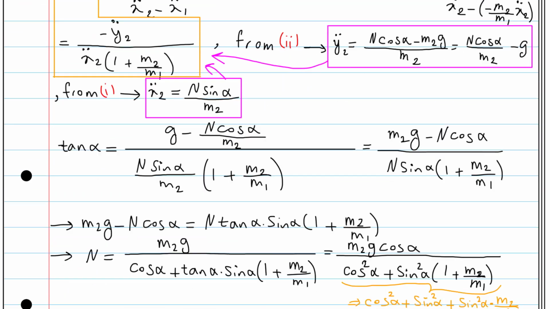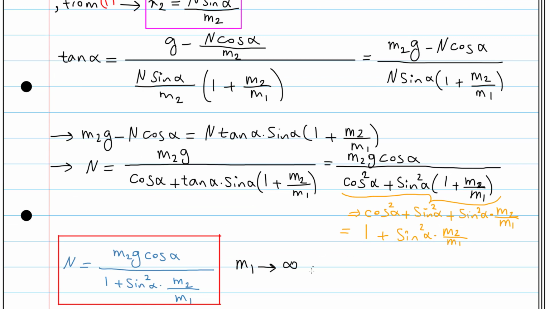In this case, n is just equal to m2 g cosine alpha, because the term sine squared times m2 over m1 vanishes and the denominator becomes 1. So n will become m2 g cosine alpha.